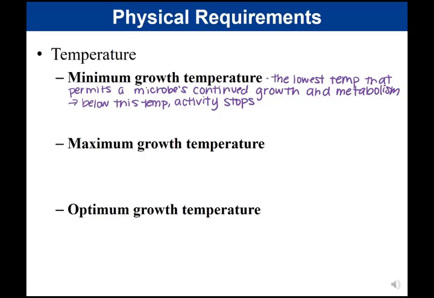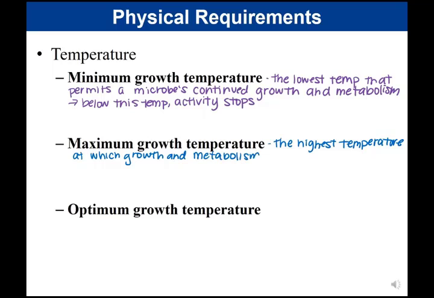The maximum growth temperature, on the other hand, is the highest temperature at which growth and metabolism can proceed before proteins are denatured.